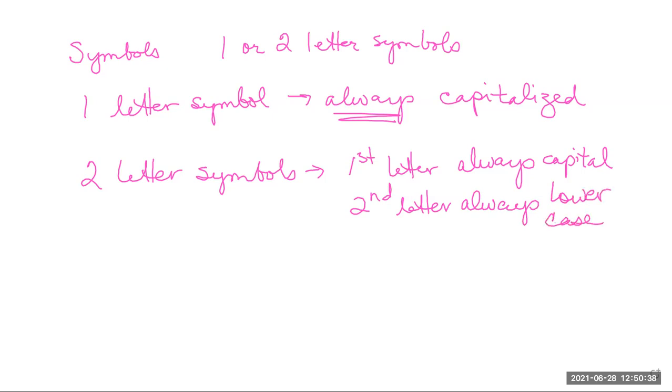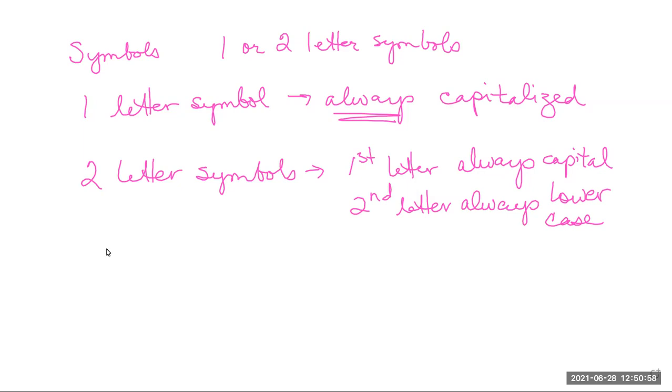Now, this is really important to follow. So the spelling aspect is really crucial because if you write your name in lowercase or everything in uppercase or capitals, then the problem is that we won't know what you're talking about.